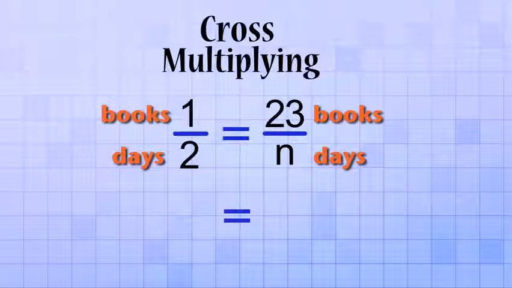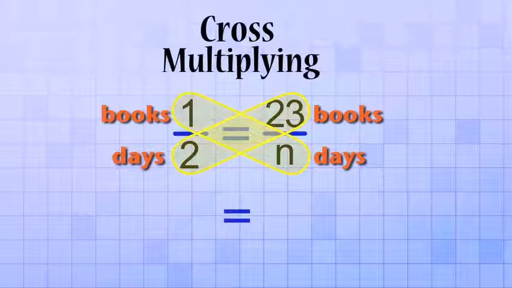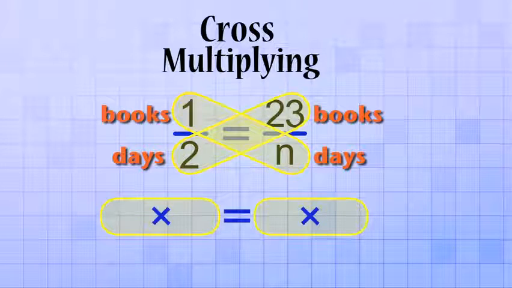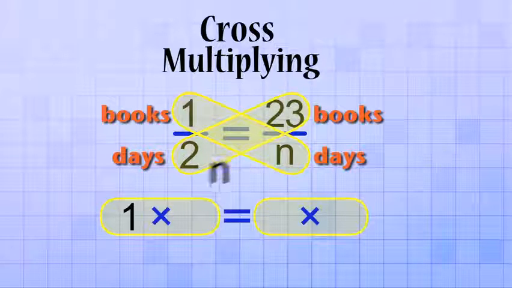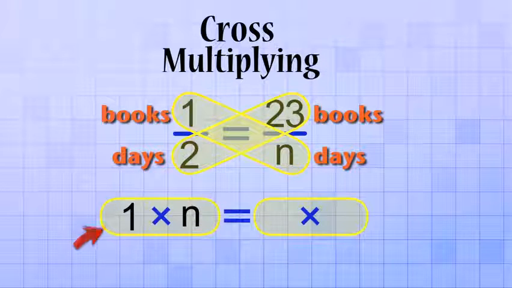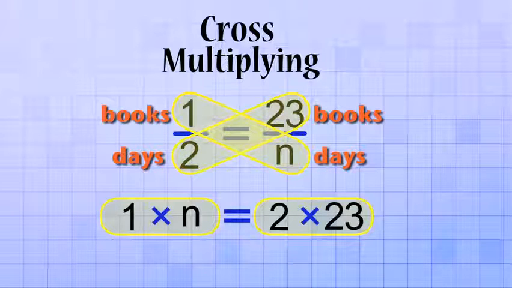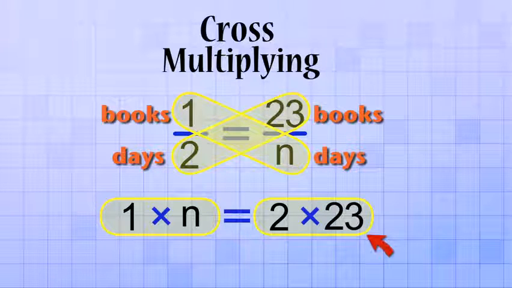Next, imagine that a crisscross shape, like an X, is overlaid on the proportion. This cross shape tells you which numbers to multiply together on each side of the new equal sign. 1 and n will be multiplied together on this side of the equation, and 2 and 23 will be multiplied together on the other side of the equation.